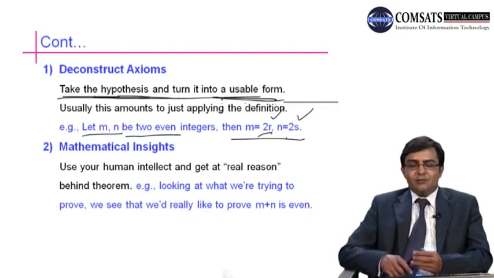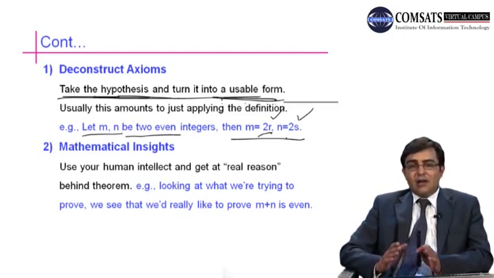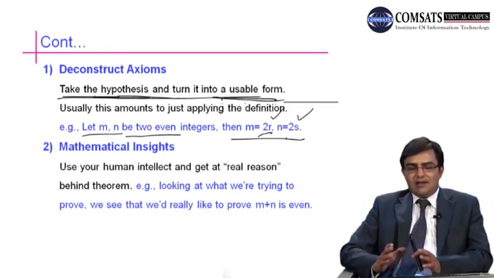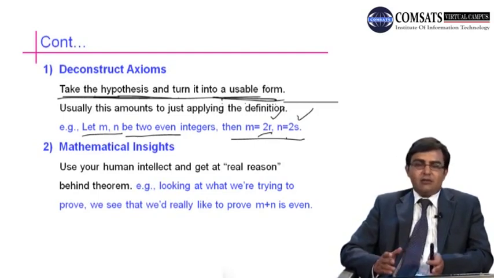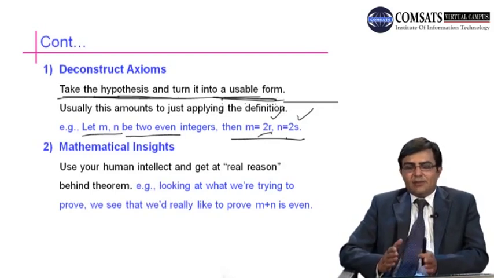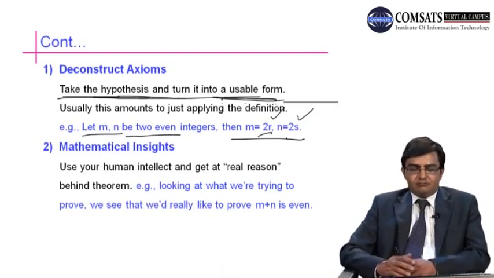For example, in this theorem, we have two even integers now in the first step, and now we are going to prove that the sum of these two integers will also be even. Now what we think in the second step is how we can prove it. In this step we add up the two even integers, for example, m plus n.